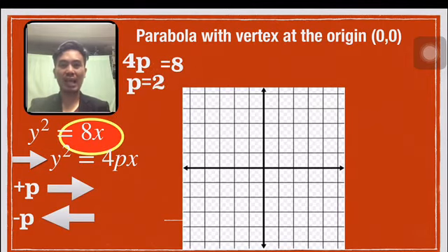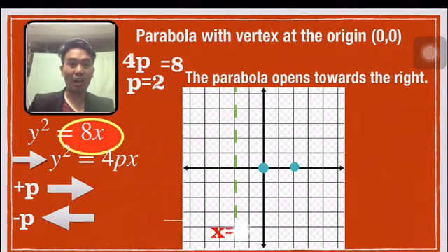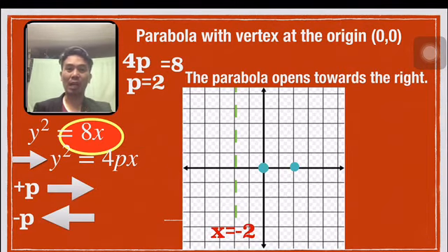It means to say that from the vertex, your focus is 2 units away from that vertex, and the directrix is 2 units away from that vertex, which is on the left side. To graph this parabola, we need 2 more points again, above the focus and below the focus, and each point is 2p.